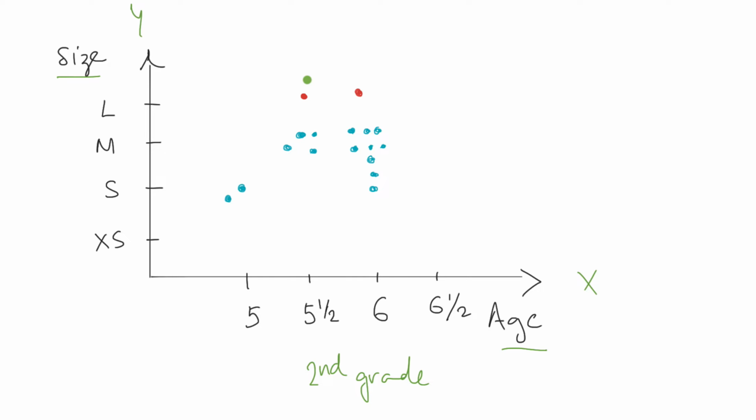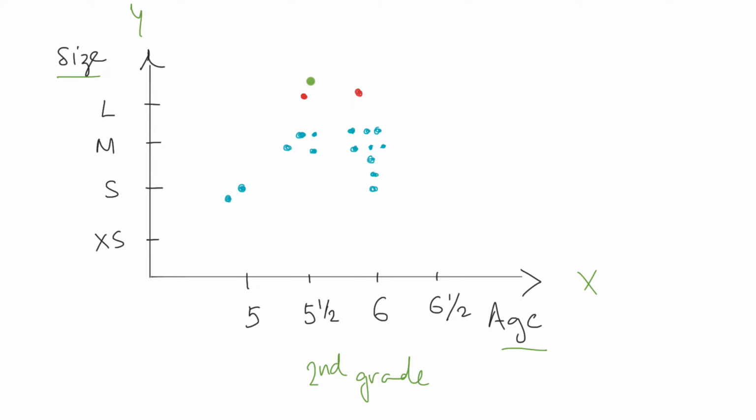In this case, these were two dots representing our friends over here, these two tall kids, Ron and Ryan.